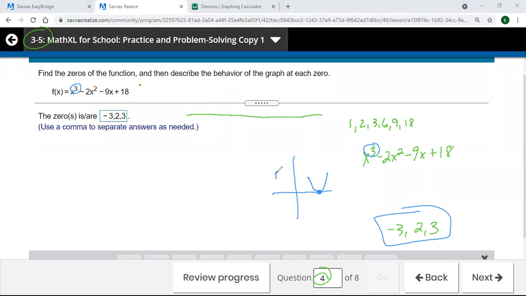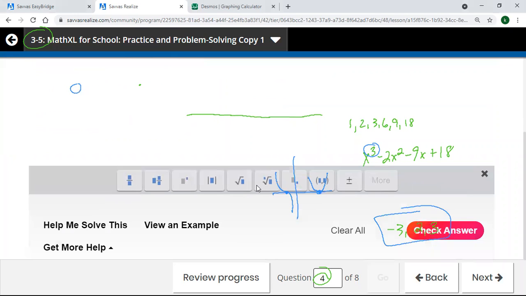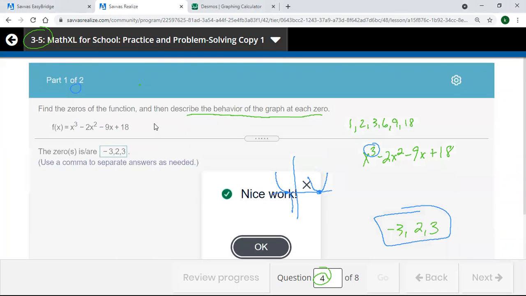Or if we had any that did that shape, like a cubic, that would count for 3. But that's not what we have here. So let's submit it and see how we did. Nice work.